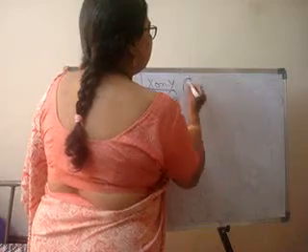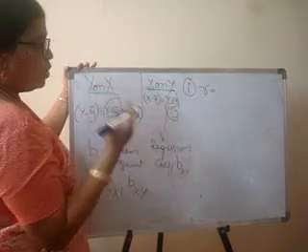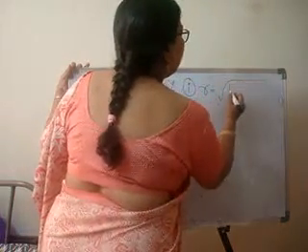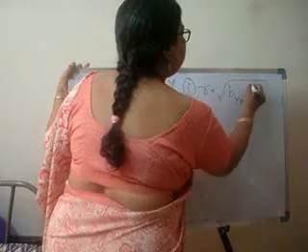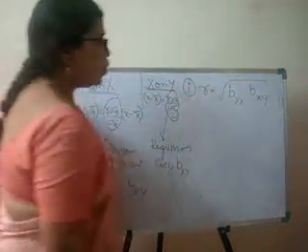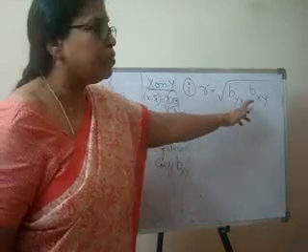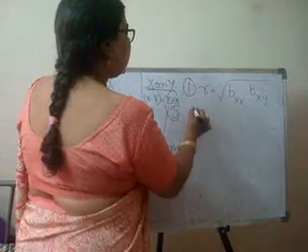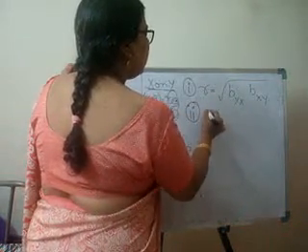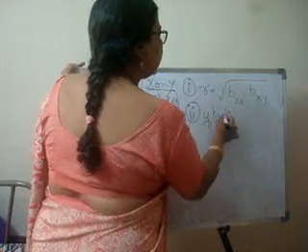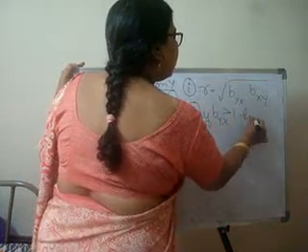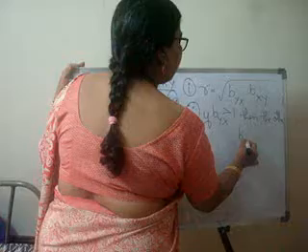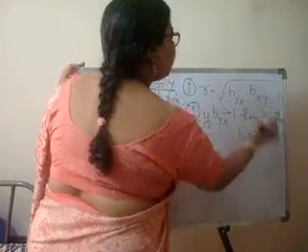First property, the relationship between the correlation coefficient and the regression coefficients. r is equal to the root of the product, so the correlation coefficient is the geometric mean of the two regression coefficients. That is the first property. And the second property is, if one of the regression coefficients is greater than 1, then the other regression coefficient is always less than 1.